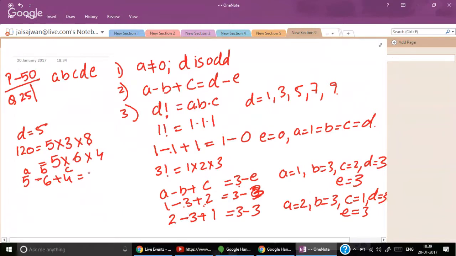And D is how much? 5 minus 2. So I'll say in this case, when A is equal to 5, B comes out to be 6, C is equal to 4, D is equal to 5, E is equal to 2. And so many cases would be forming like this. So you can try out with the other one also, like 4, and I hope you can understand that.